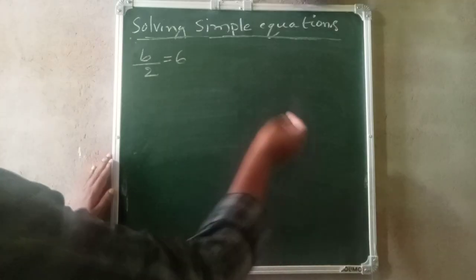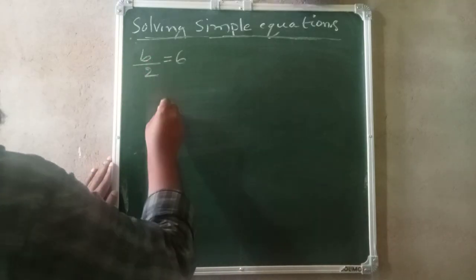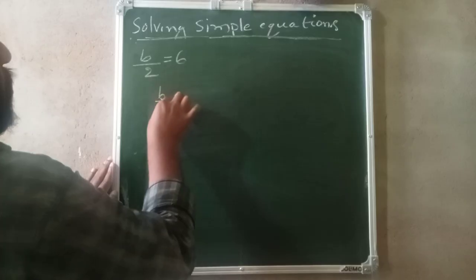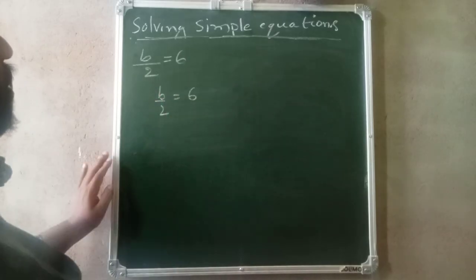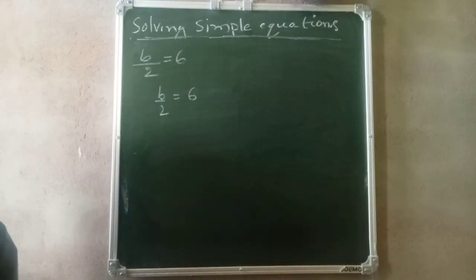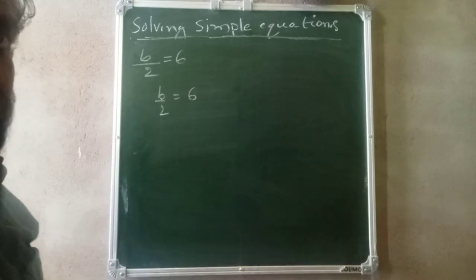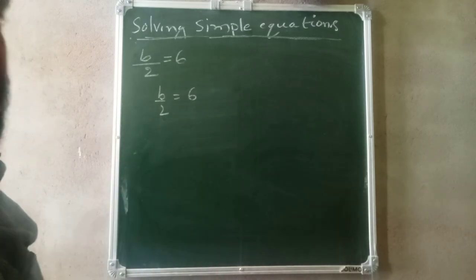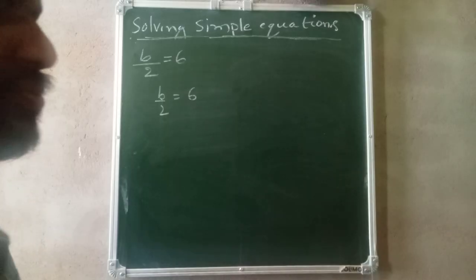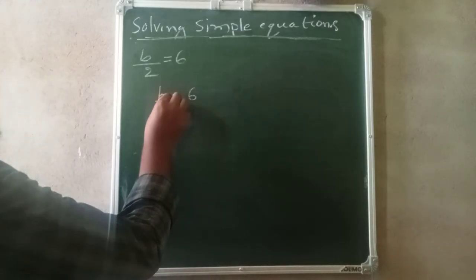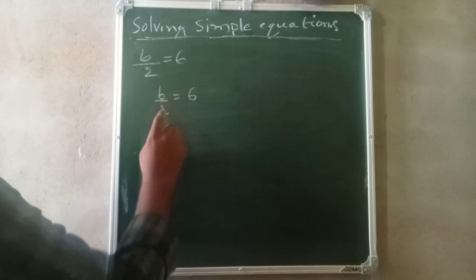In the next step, write this as it is. b by 2 is equal to 6. Now we want b, we don't want 2. Simply you cannot erase it. If you simply erase, that will become wrong. It is your horizontal line, that is divided by 2.